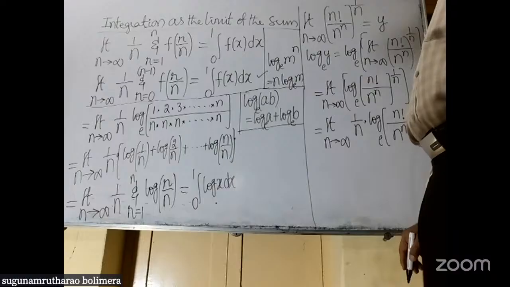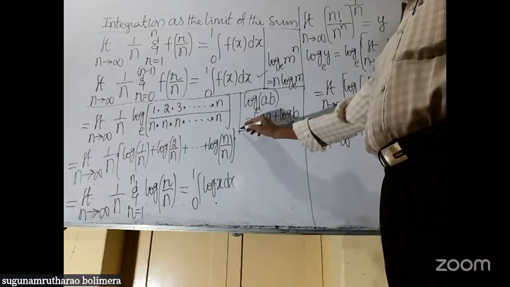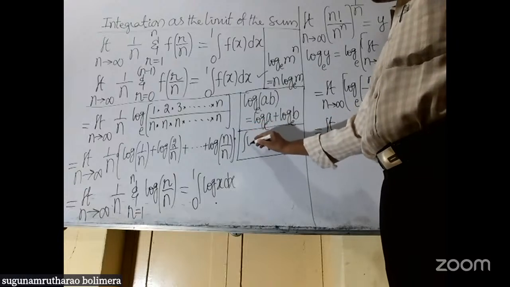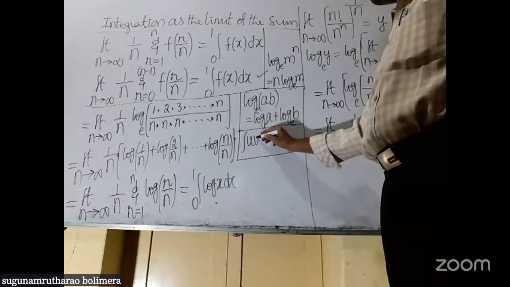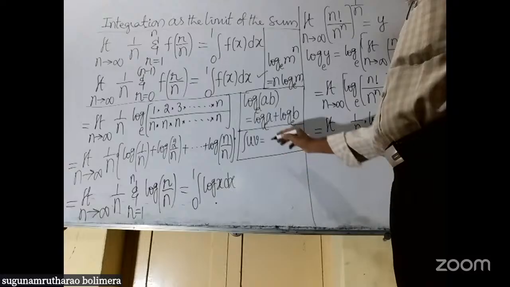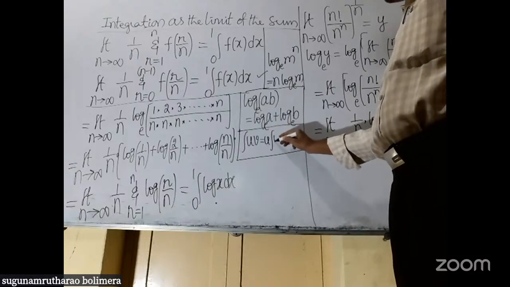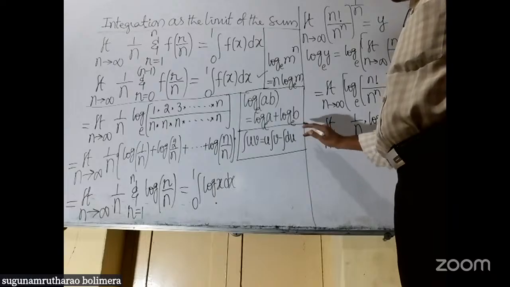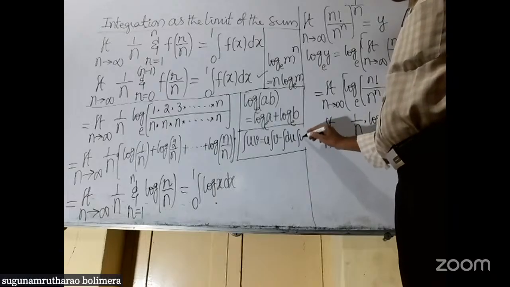Now again I am going to apply the integral uv formula: integral uv equals u into integral v minus integral of du into integral v.